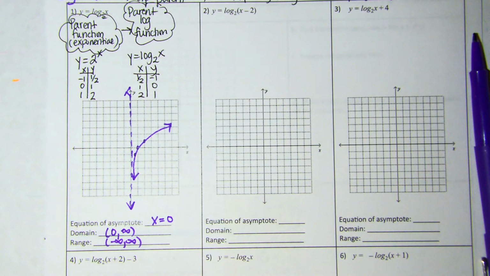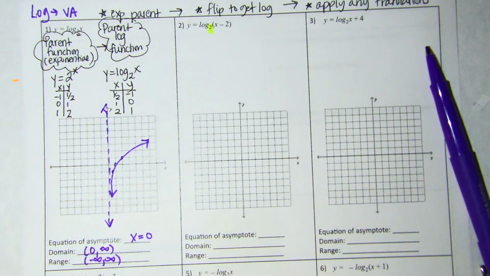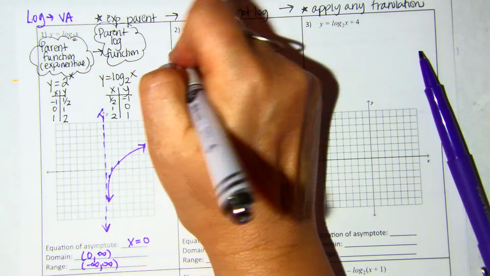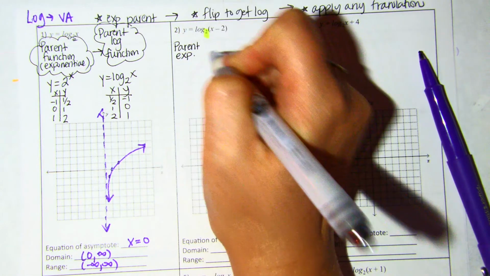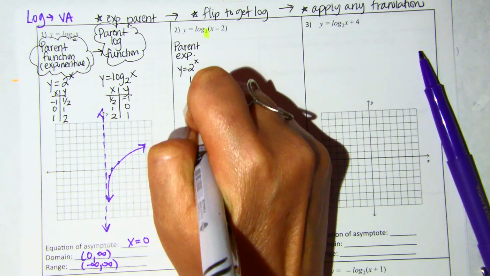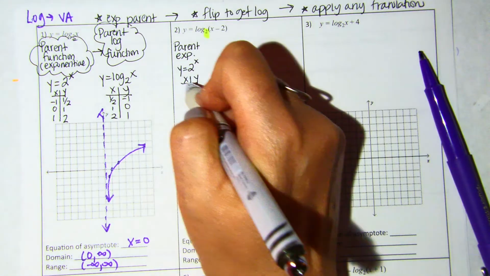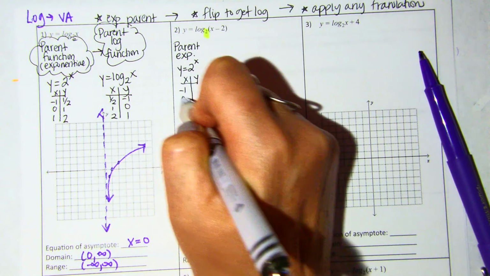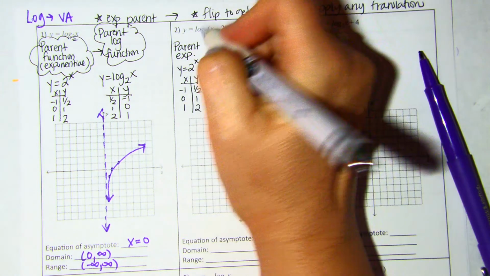Easy peasy. Okay, now let's do some shifting ones. So because this has a base 2, I know my parent exponential is going to be y equals 2 to the x. So it's the same table that we just used. Pretty much all of these on this page are going to have the same parent exponential, just so you don't have to do a bunch of extra work.